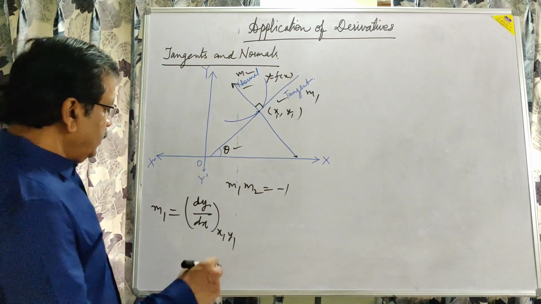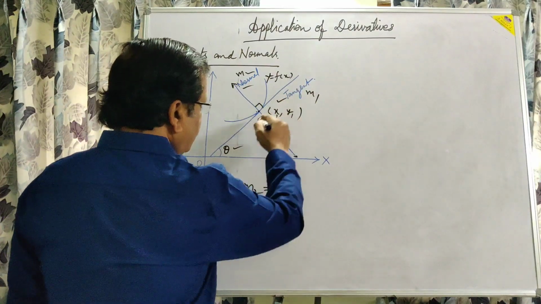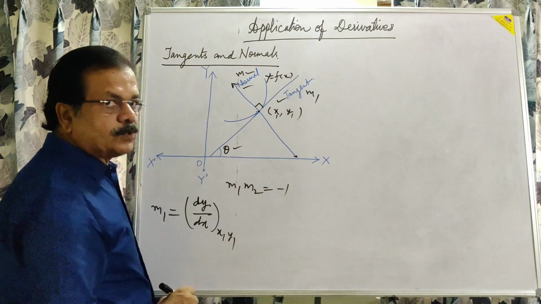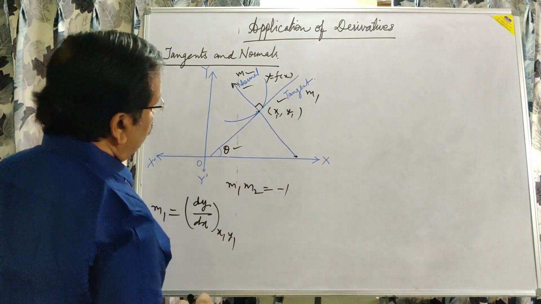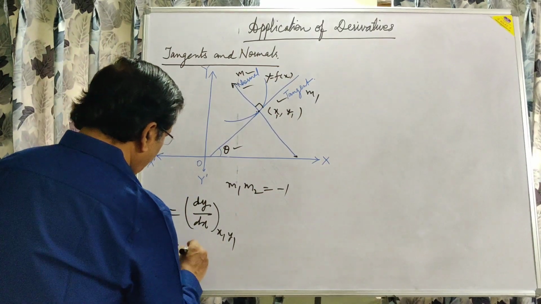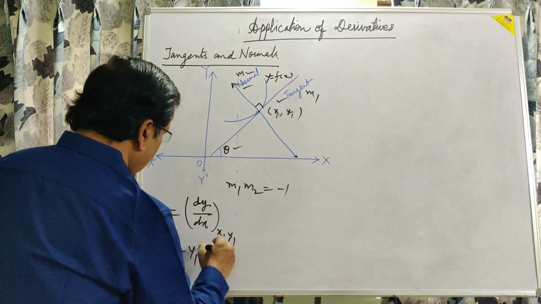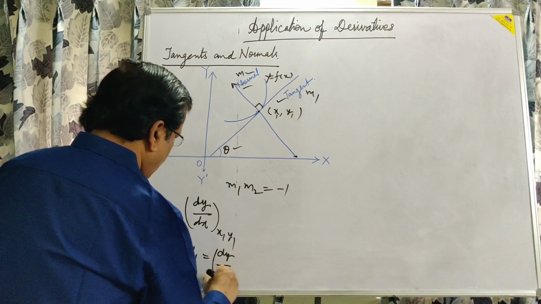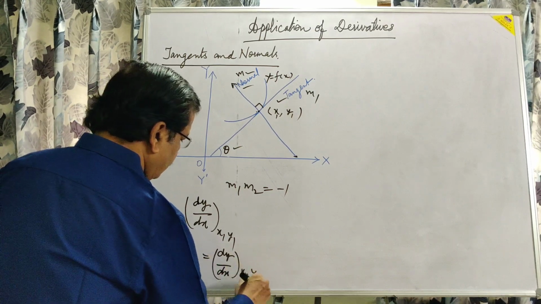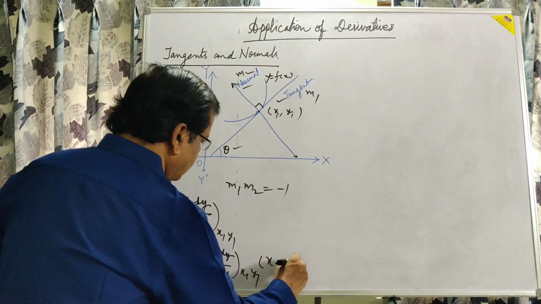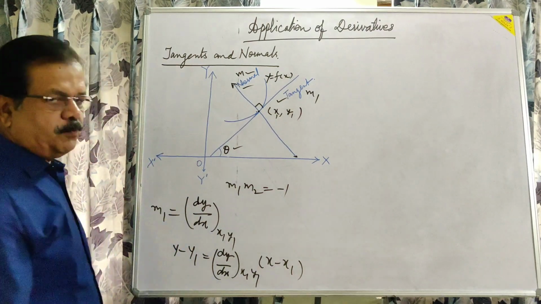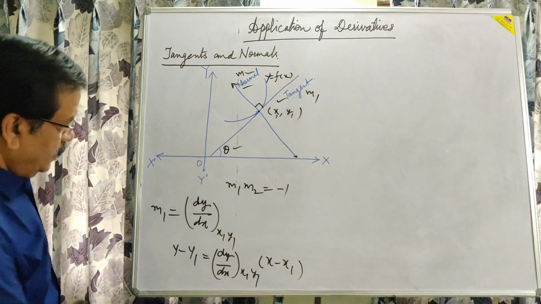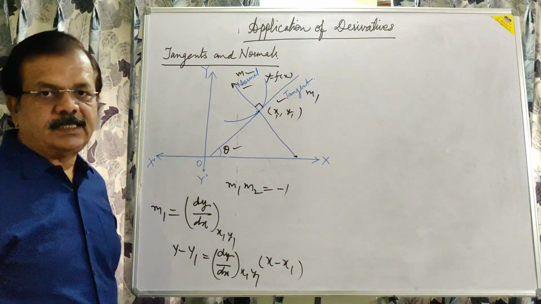Then the equation of this line by using the point slope formula is y - y1 = (dy/dx at (x1, y1)) (x - x1). By using the point slope formula we can find the equation of this tangent.